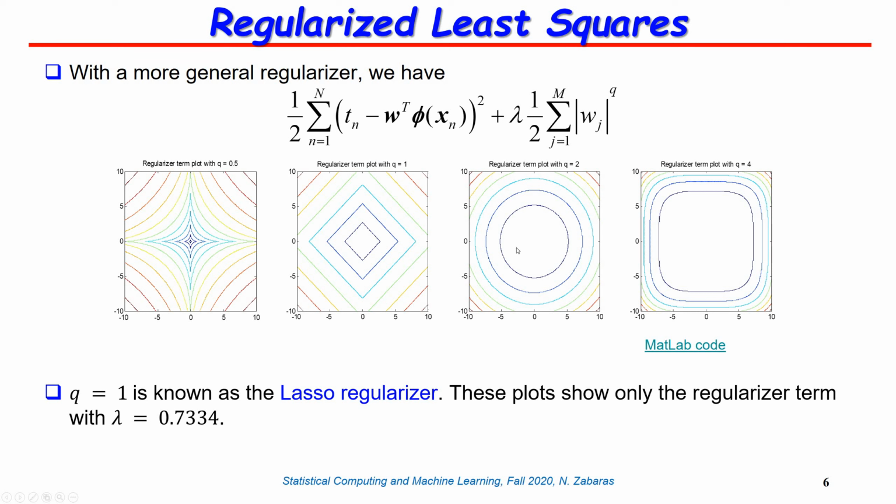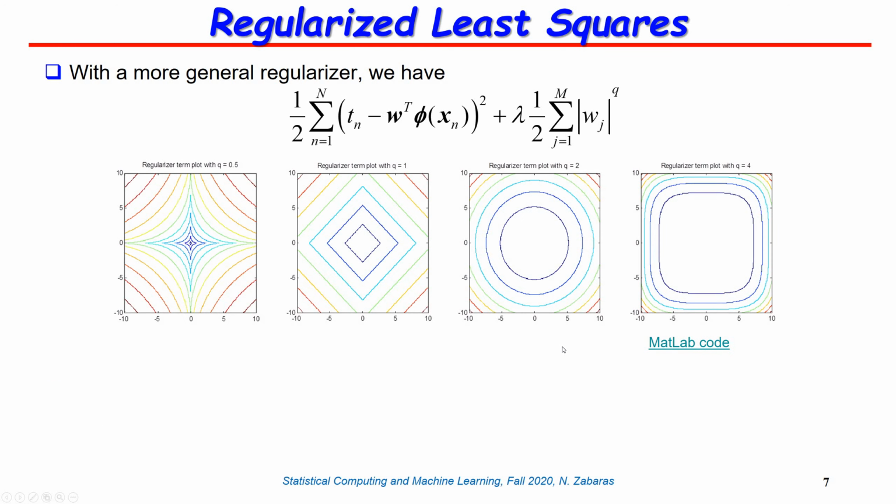Now, we already have discussed more or less this quadratic regularizer. We would like to see what is the relevance of the other types of regularization. In particular, we would like to learn something in the lecture today about q equals 1, which corresponds to what's called Lasso regularization.